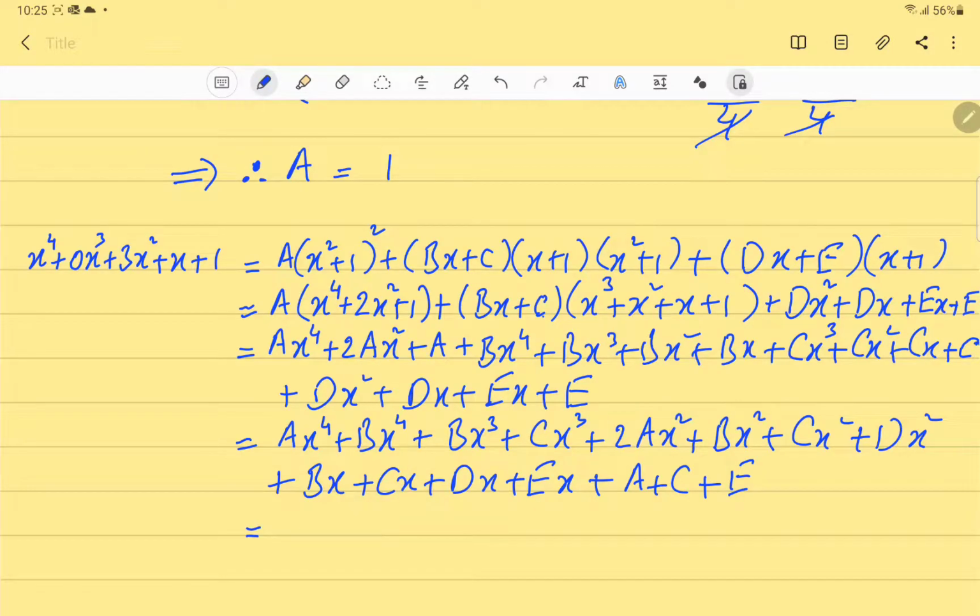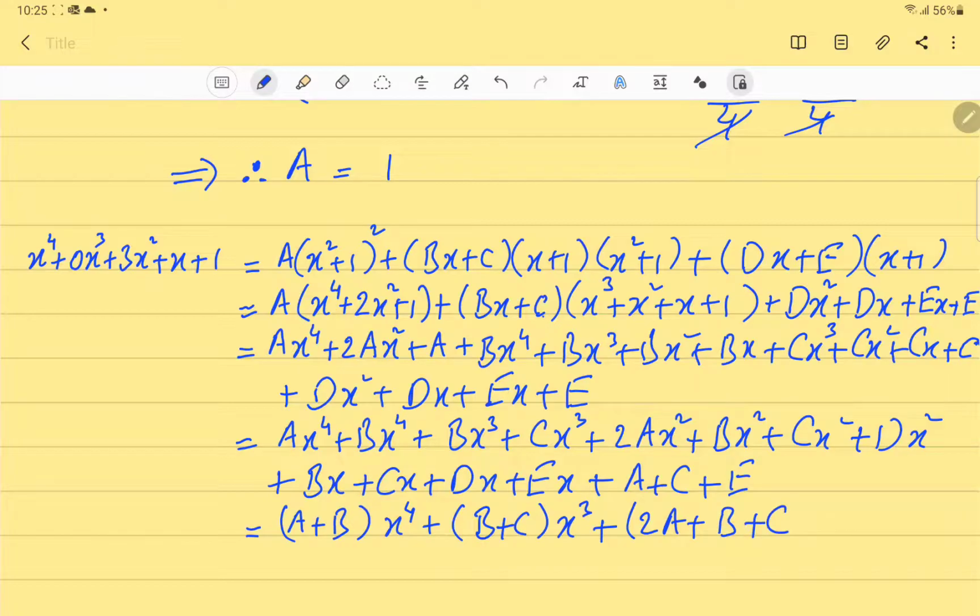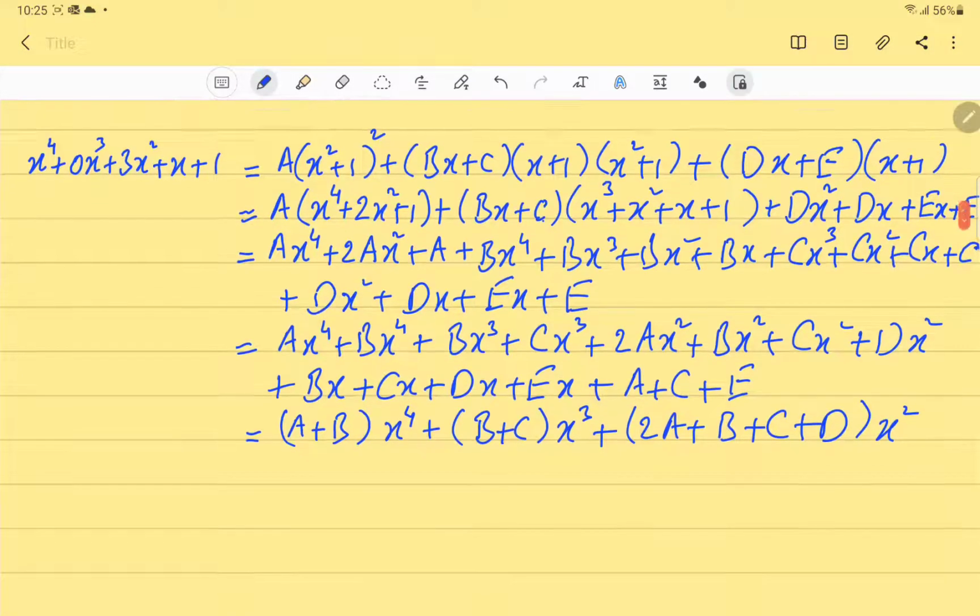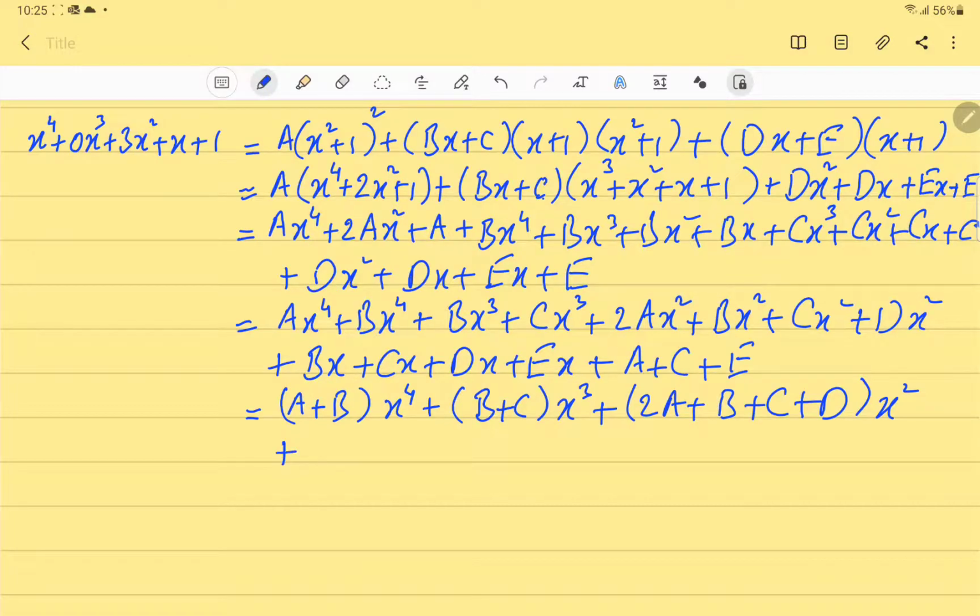Okay, let's take common now. In the first two terms, x4 is common, and in the second, third and fourth, x cube is common, and for x squared we have 4 values. x squared, yeah, it is 2a plus b plus c plus d, and then outside common x, plus now the 4 terms bx, cx, dx and ex, we will take common x, b plus c plus d plus e, outside it is x, and then we will write the expression which is without any value of x.